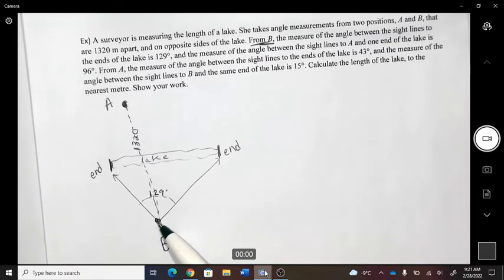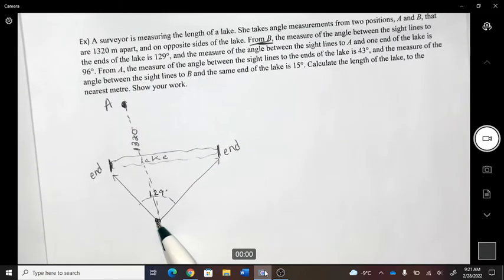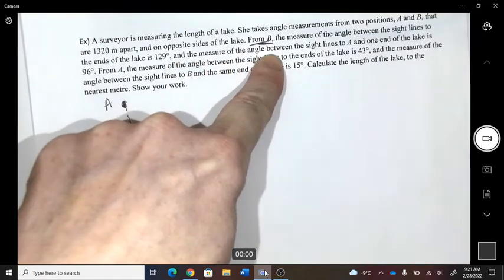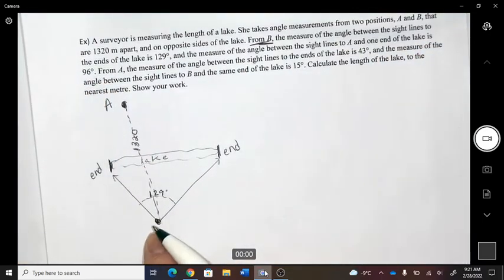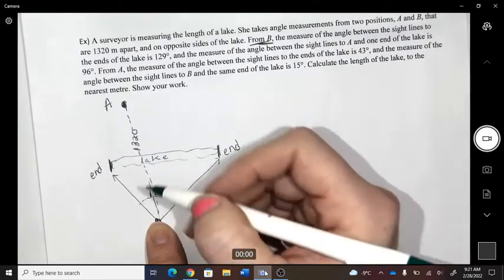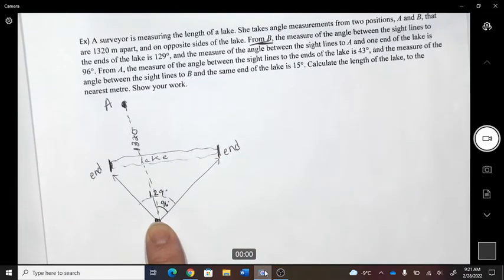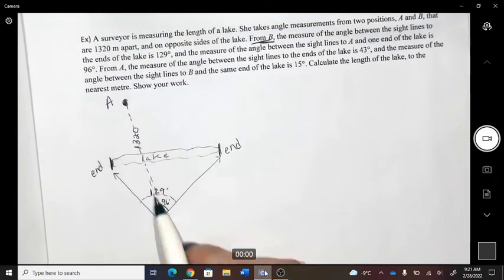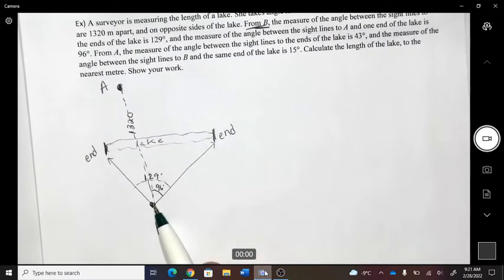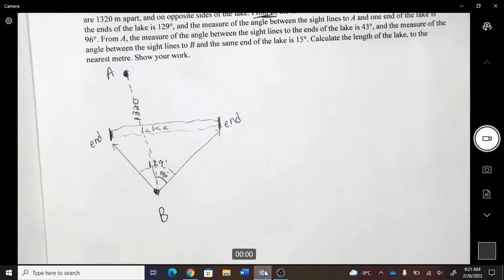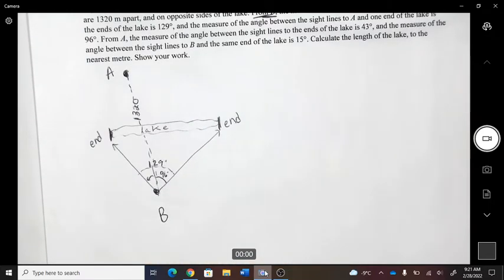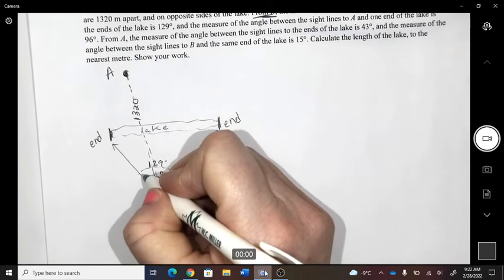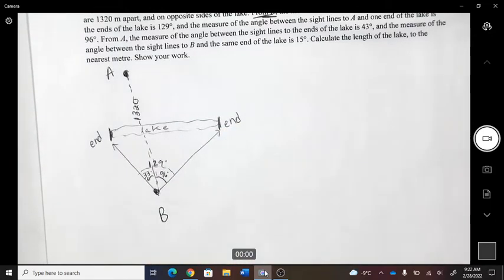And the measure of the angle between the sight line to A and the one end of the lake is 96. So from B, if you look at A and one end of the lake, you got a 96-degree angle. So obviously my diagram is not going to be correct, but what does it make the other end of the lake? From A to the other end, what do we got left there? So that would be, when you look to the other end, a 33-degree angle.